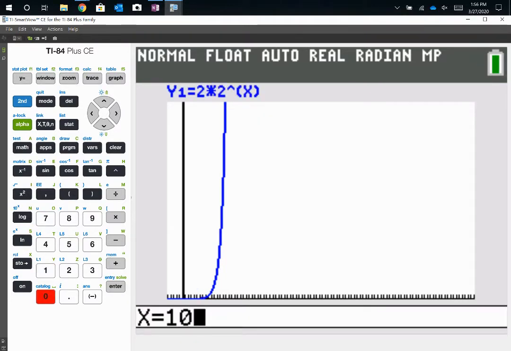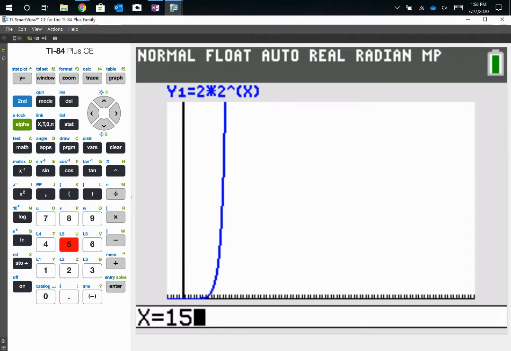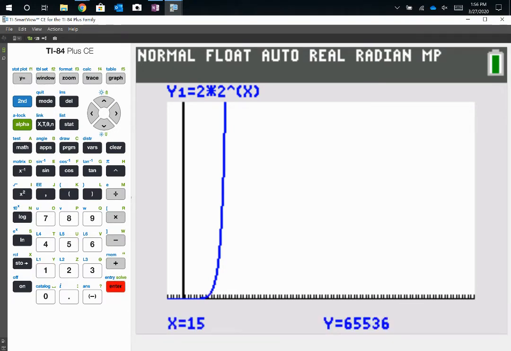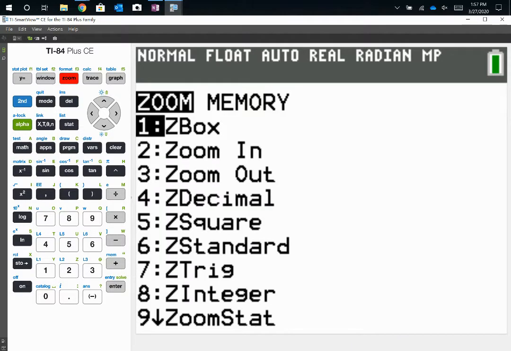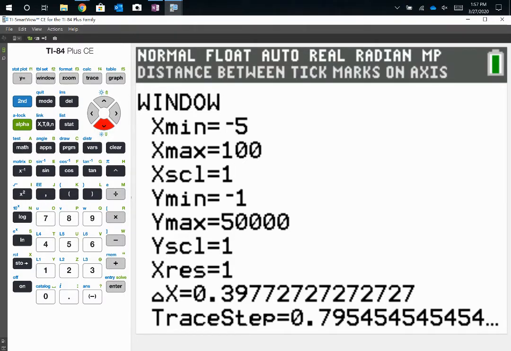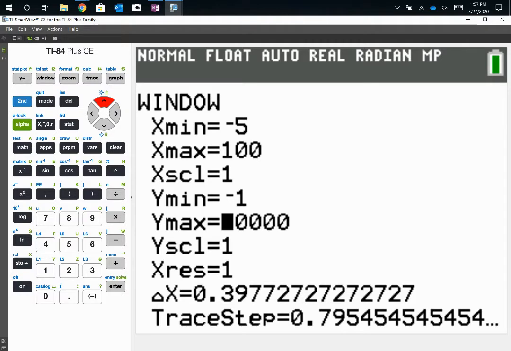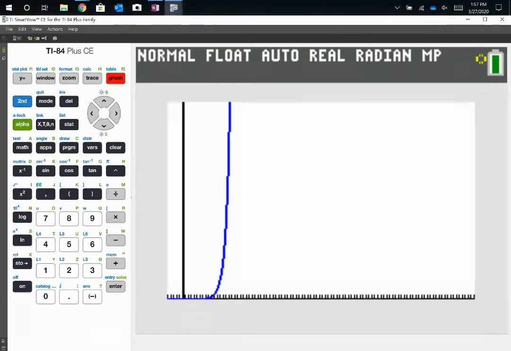At day 5, 64. At day 10, 2048. At day 15, 65,000. Okay, so our graph kind of goes out of range for that. I mean, you would have to fix the window to perhaps 150,000 to get an in-depth picture.